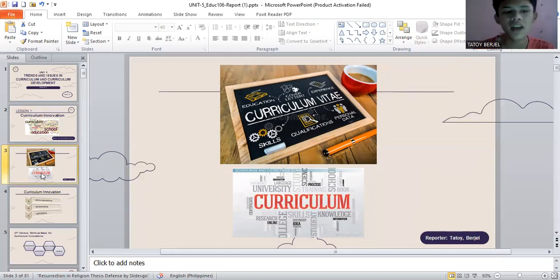An innovation must be appropriate, economical in terms of time, space, and resources, and be aligned with the philosophy of the society and the school, and rooted in sound educational theories. So here are examples of curriculum innovation. First, competency-based learning, video streaming, flipped classroom learning trends.